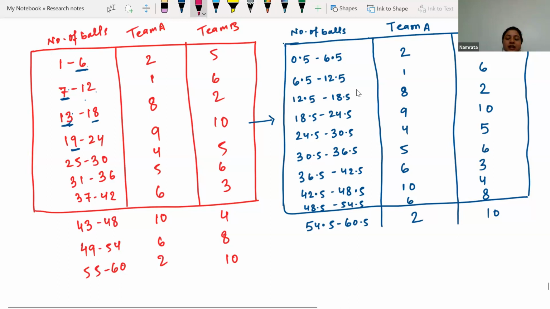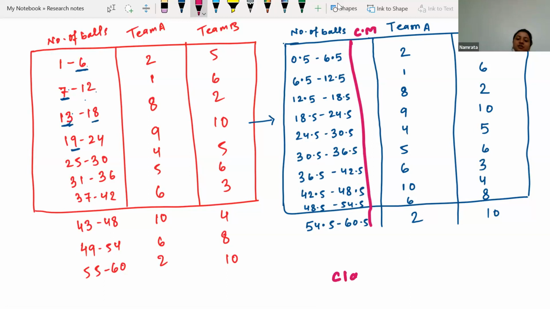Let's make the column of class mark over here. Downside, I am writing CM, that means class mark. Please don't write it this way, it will be incorrect, but due to the lack of space I am writing it like this.